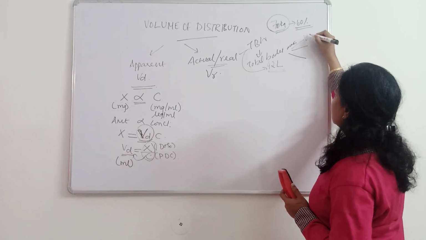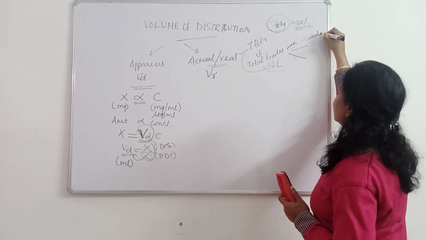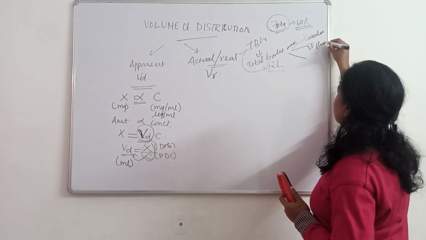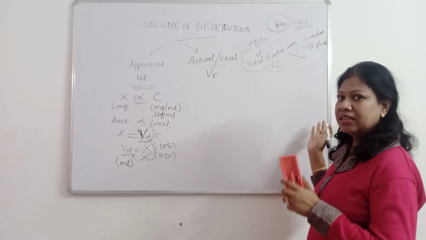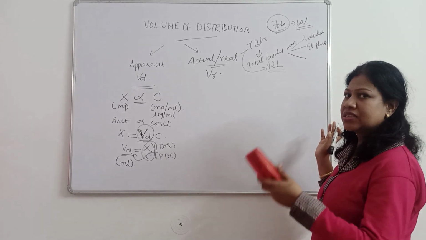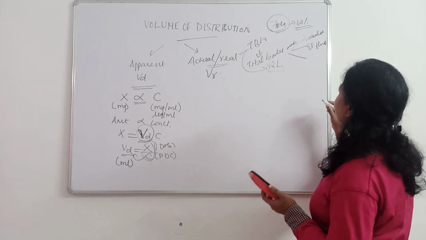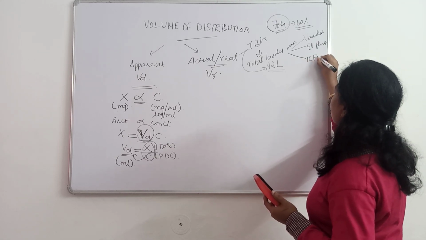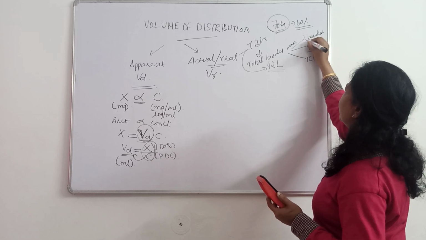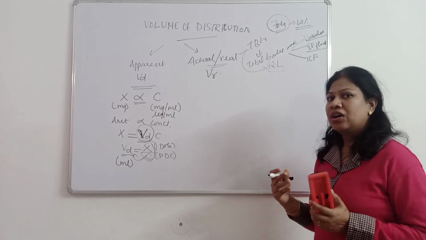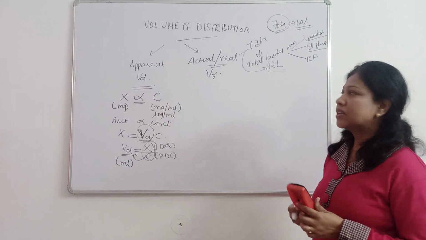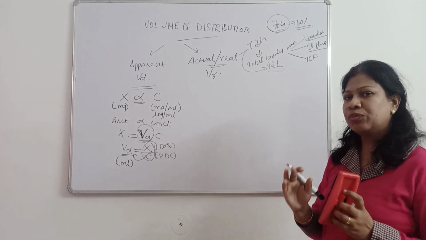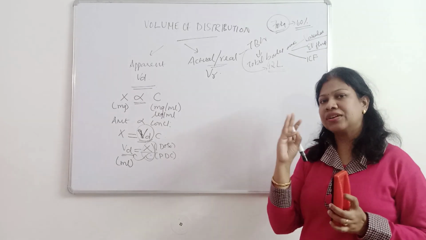This total body water includes three fluids: vascular fluid, which is known as blood, extracellular fluid, and intracellular fluid. Total body water again has three different fluids.